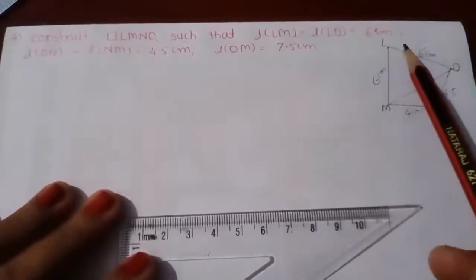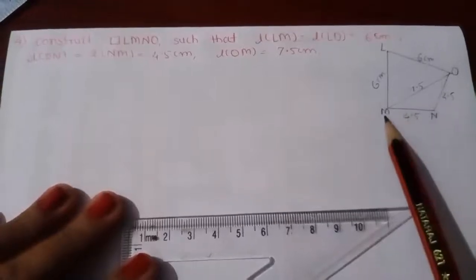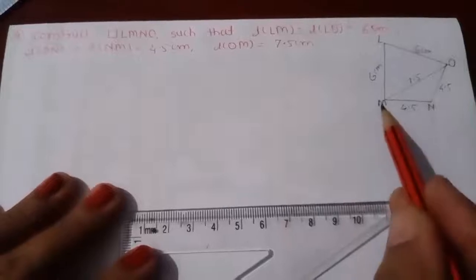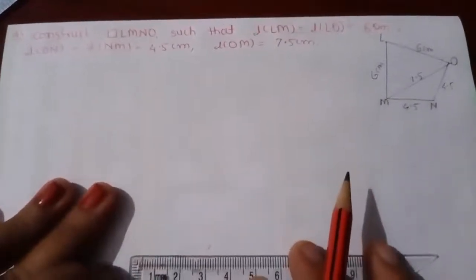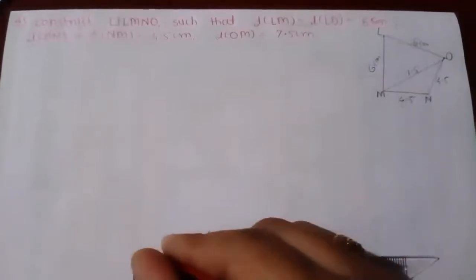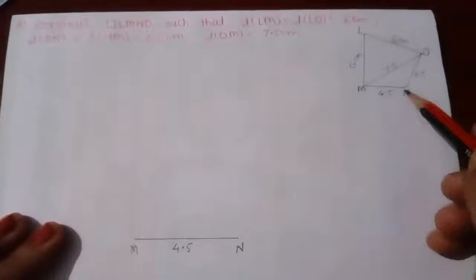First we draw the rough diagram LMNO. Here we take a base MN. So first we draw the base MN, 4.5 centimeter. Give the name MN.